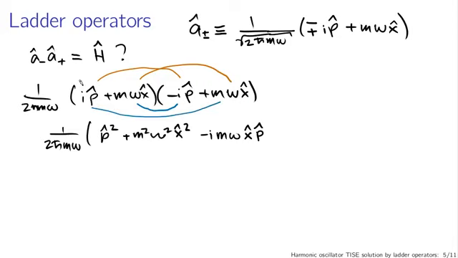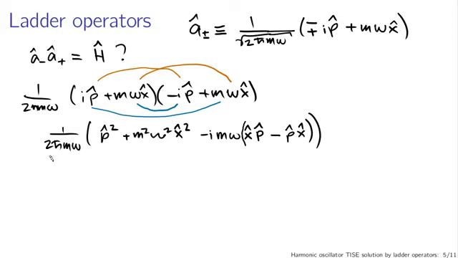We're going to have an I, we're going to have an m, we're going to have an omega, except in this case we're going to have p hat x hat, not x hat p hat, as we had here. So I'm going to factor the constants out. That means we're going to have minus p hat x hat here. So this is what we get when we expand this out.